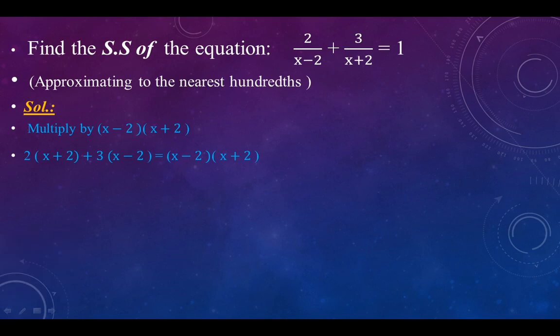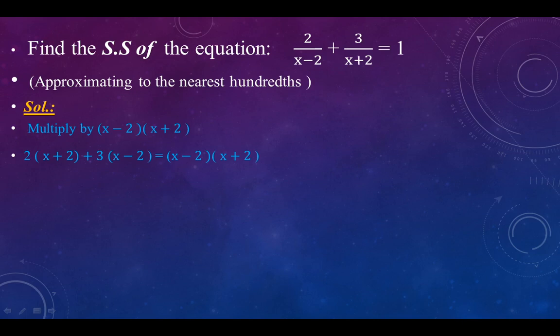When you multiply the second fraction, 3 over x plus 2, by x minus 2 times x plus 2, x plus 2 will cancel x plus 2, and the remainder will be 3 multiplied by x minus 2. Then you multiply 1 by x minus 2 times x plus 2.